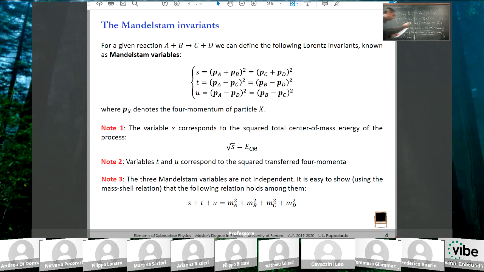And this is another major result that we write here, so s is also equal to (mA plus mB) squared plus twice mB KA, where KA is the kinetic energy of the beam particle.